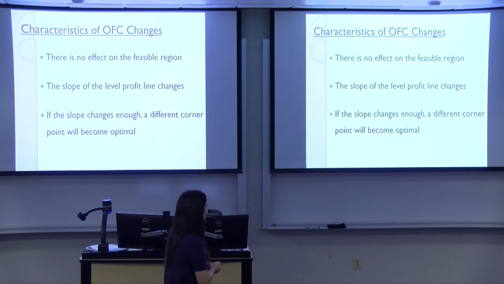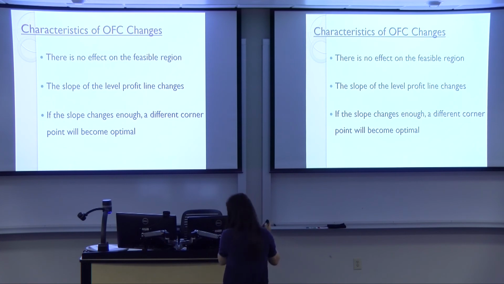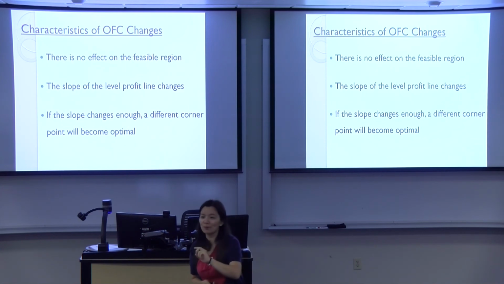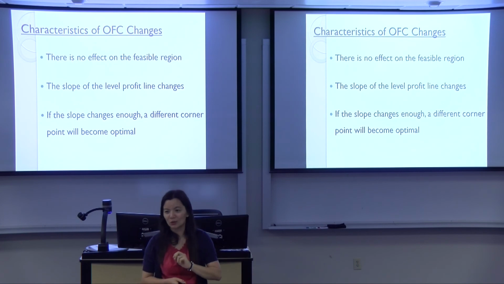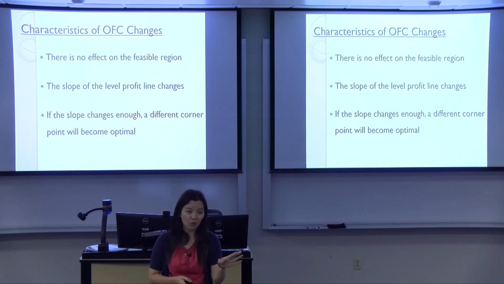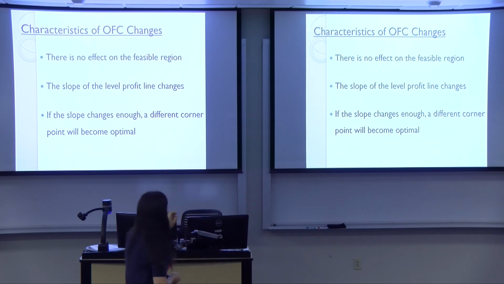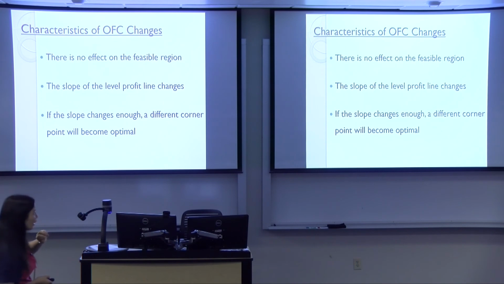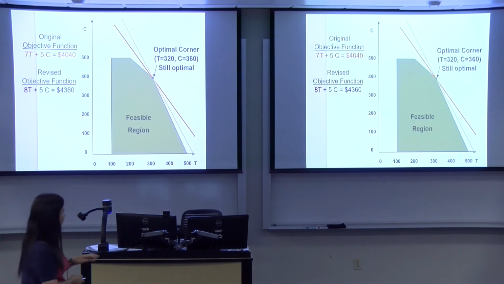It depends. How about the feasible region? If we only change the objective coefficient, you will not touch the constraints. Therefore, the feasible region will stay the same. But the slope of the profit line will change, and if the slope changes too much, of course, the optimal solution will change.